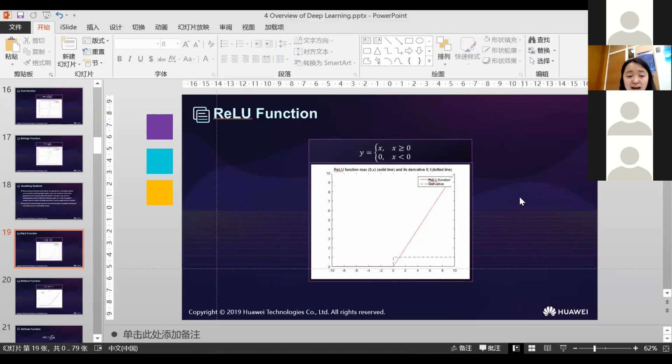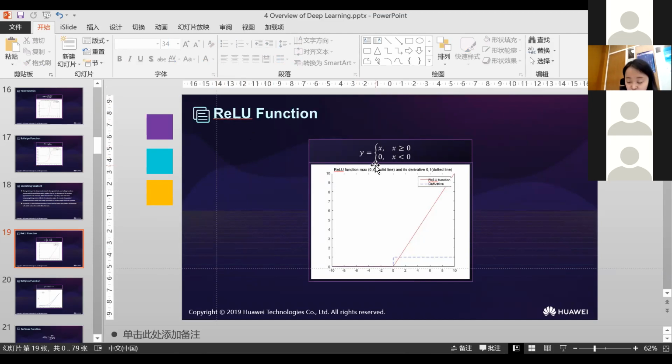So activation functions exist in almost every deep learning model. To create a model, we need an activation function to add nonlinearity to the model. Here is the ReLU function in computer vision tasks. Usually the first choice of activation function is the ReLU function, and it's very easy to compute.